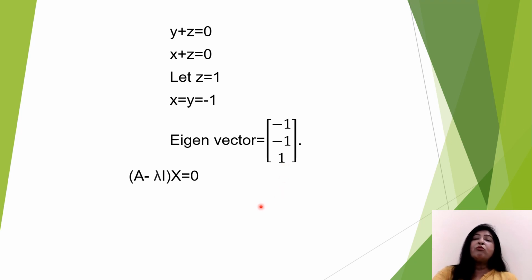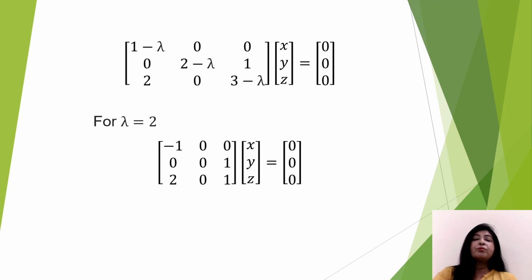Now for lambda is equal to 2, I have to find the eigenvectors. So again the equation is (A minus lambda I) x is equal to 0. What it becomes: the matrix with entries (1 minus lambda, 0, 0), (0, 2 minus lambda, 1), (2, 0, 3 minus lambda), the eigenvector is x, and this is the null matrix. So let us take lambda is equal to 2.